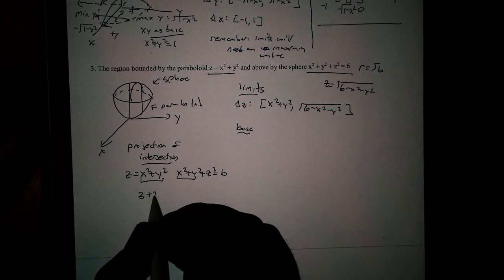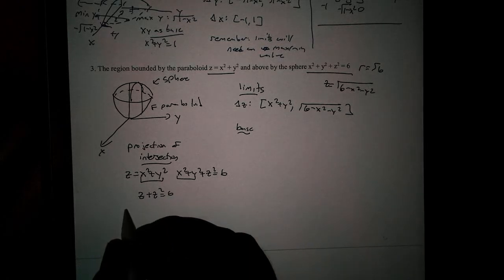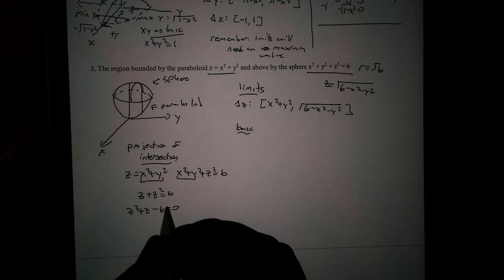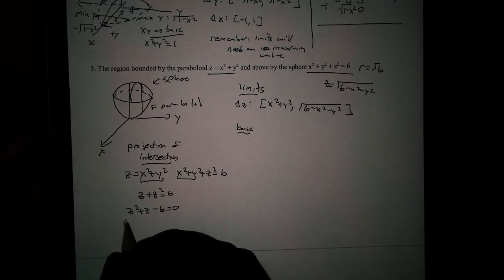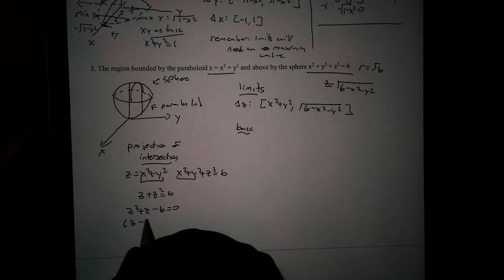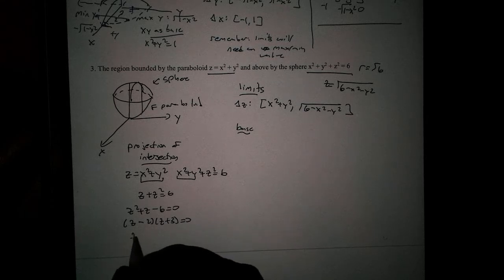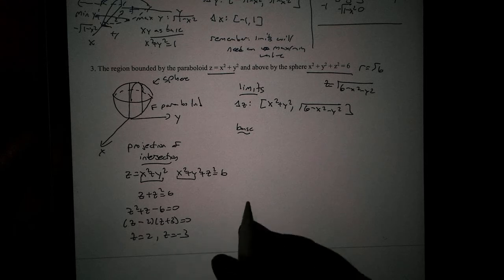So I could say z plus z squared equals 6, or z squared plus z minus 6 equals 0. If I factor that, we get z minus 2 and z plus 3 equals 0, so z equals 2, and of course z equals negative 3.